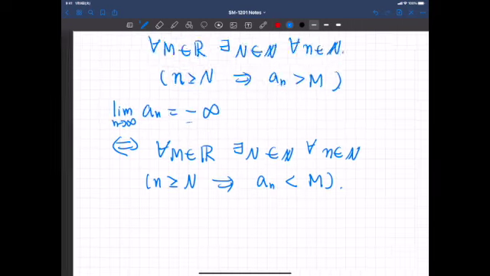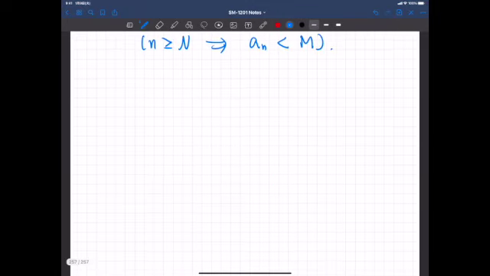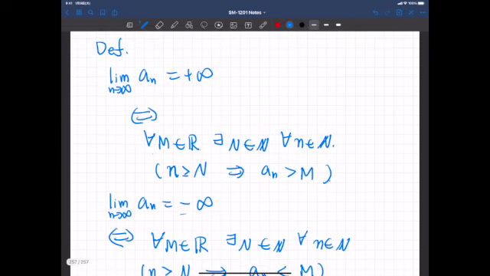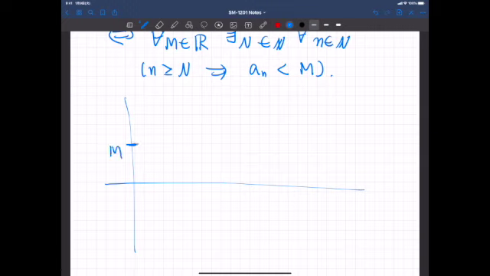So what does it mean? Let's consider the divergence to positive infinity. It says for any real number, let's pick m. We have a sequence which diverges to infinity in some way. So let's pick any real number m.